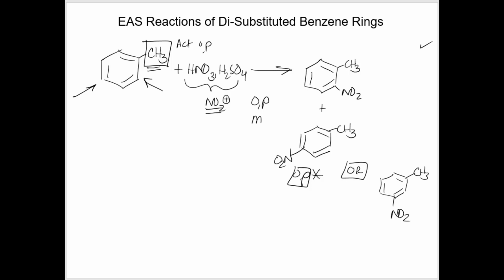The group that's being added does not direct itself. The nitro group, yeah, if nitro was on the ring, it would be a meta director, but nitro is not the directing group, it is the group that's being added. So the group that's on the ring always does the direction, not the group that's being added. Okay, so that's why ortho-para is the major product.